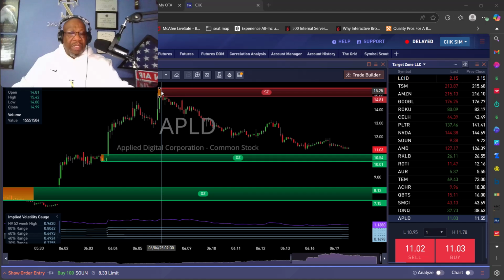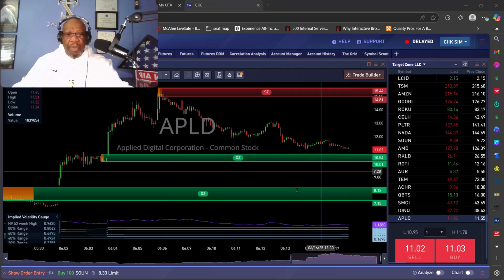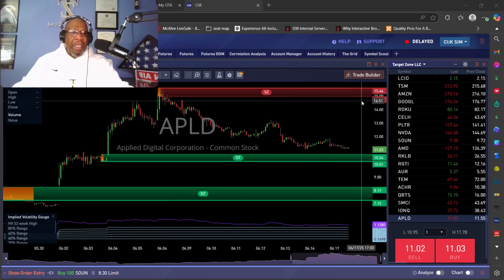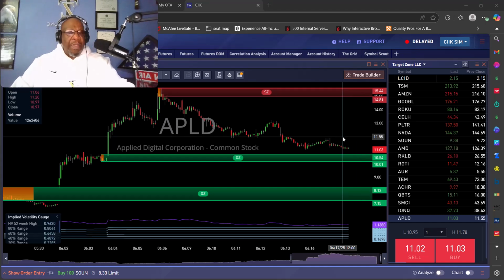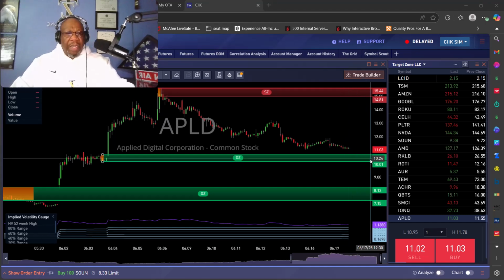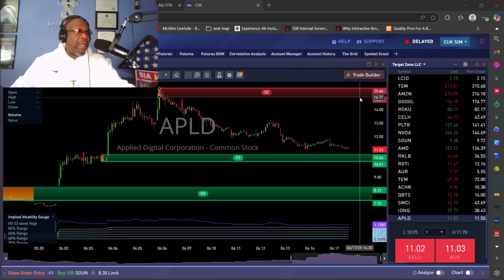This area was tested back on June 6th, but it was never penetrated. It was just tested. So it's time for it to come back and pick up this money and then try it again. So today, about 3 p.m., I will go and put this trade in and see will it bear fruit today, or it might take a couple of days.